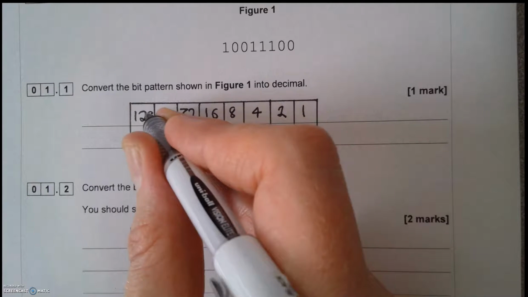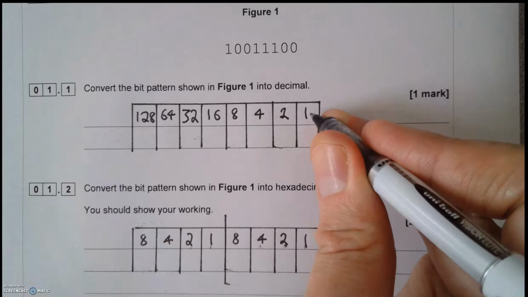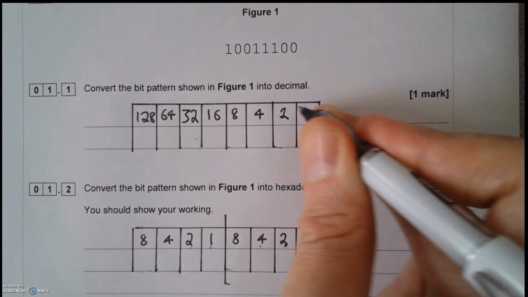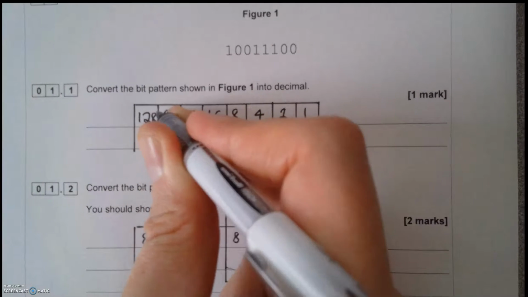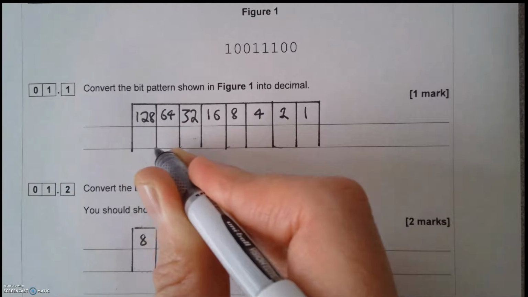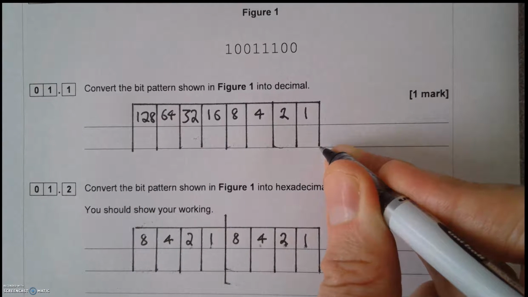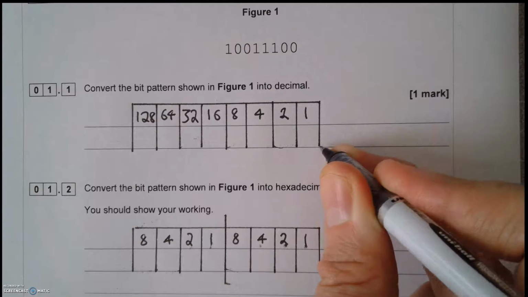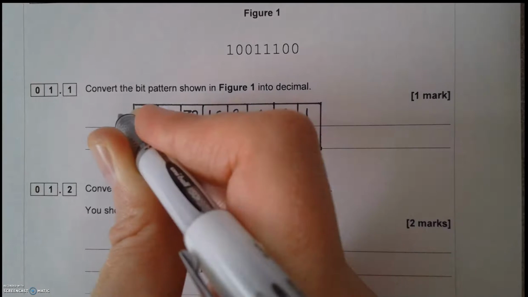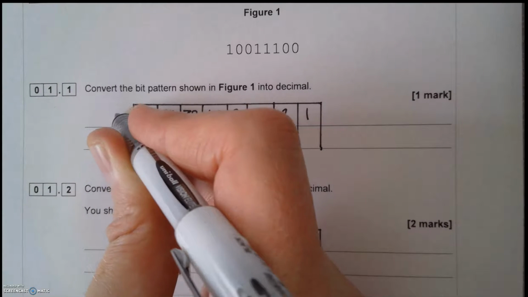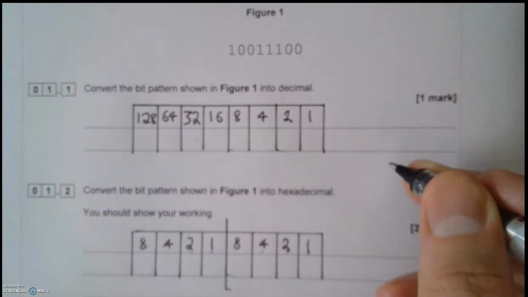They're doubling each time. So the smallest number is on the right hand side, the largest on the left, and this can represent up to 255, because the next number along is 256, then it's 512.